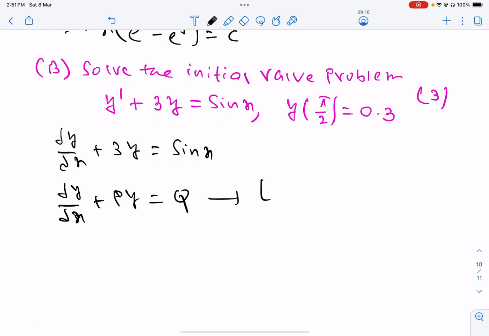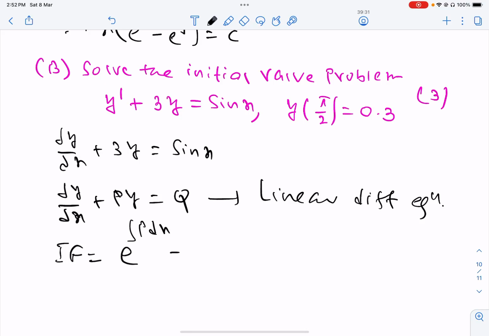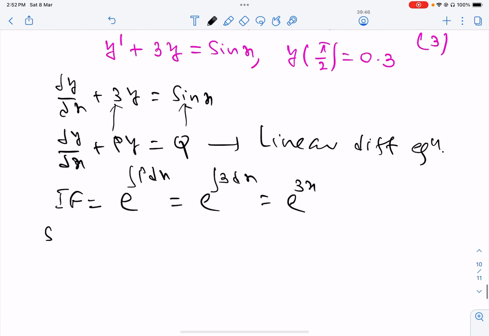So this is a linear differential equation. So we need to find out the integrating factor. What is the integrating factor? e to the power integration p dx. So it is e power integration of p, where p is 3 and q is sin x. So that is e power 3x.